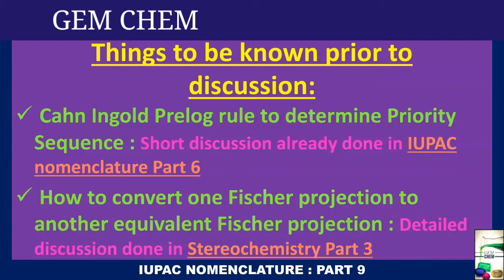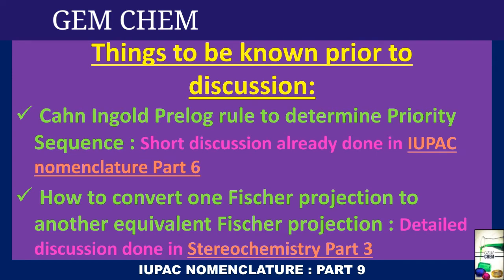Now let us start. In order to name different compounds, we need a few things prior to discussion. We should know the Cahn-Ingold-Prelog rule to determine the priority sequence, and a short discussion is already done in IUPAC nomenclature part 6 video, where we dealt with E and Z notation of double bonds.